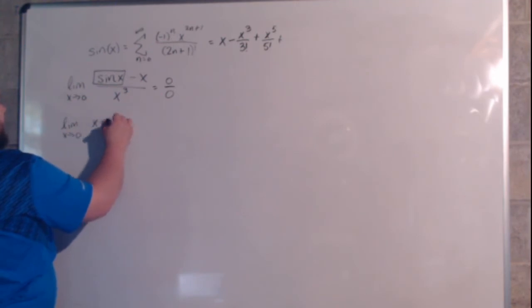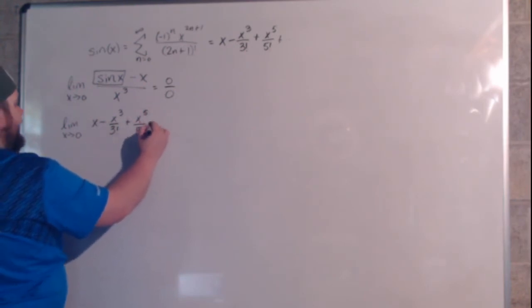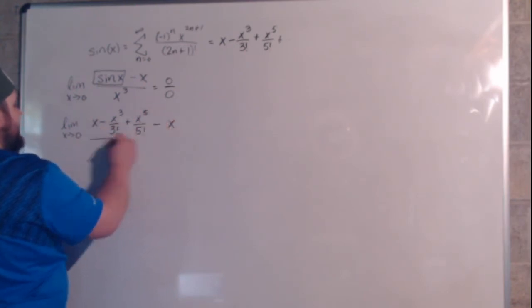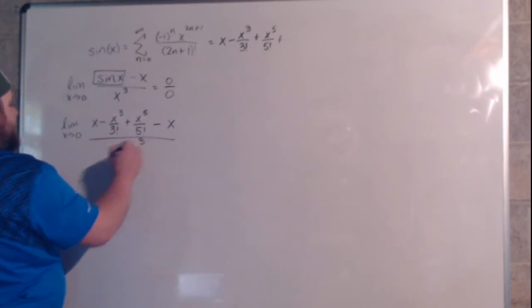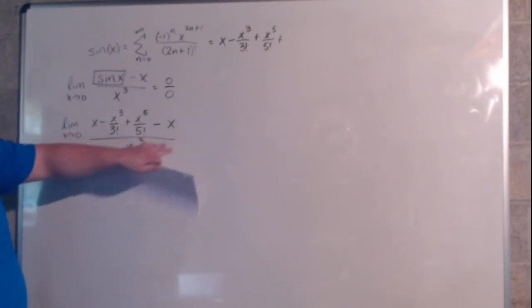So x minus x cubed over 3 factorial plus x to the 5th over 5 factorial, all minus x over x cubed. So very easily these two x's here on the ends will cancel.